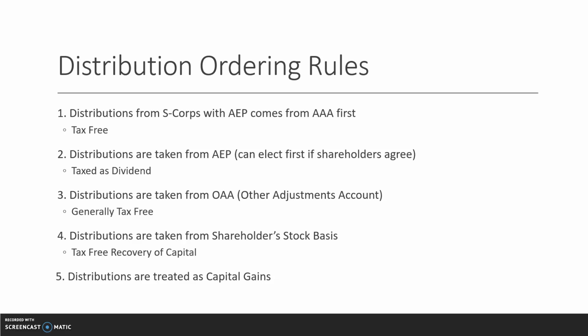They're going to be like tax-exempt income and related non-deductible expenses like life insurance proceeds or insurance premiums paid. Once you've depleted the OAA, you're going to take distributions from the shareholder stock basis. So very similar to things we've seen before. It's going to be treated as a tax-free recovery of capital. And once you've depleted their basis, then you move on and treat the remaining distributions as capital gains.